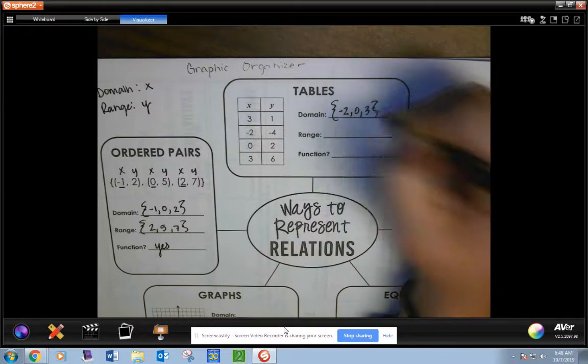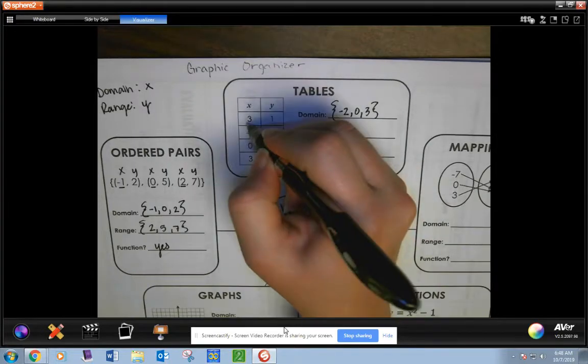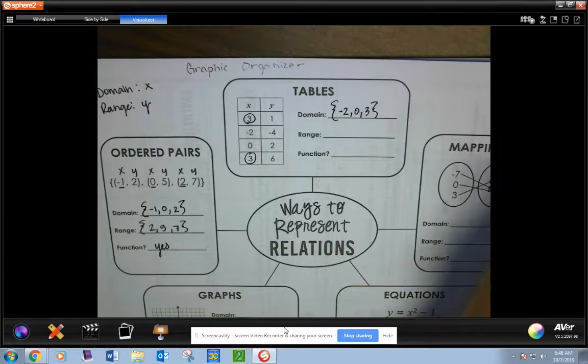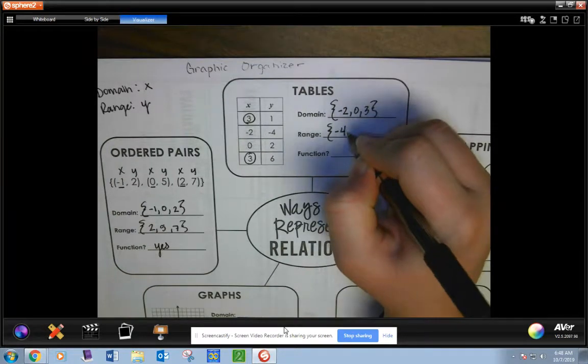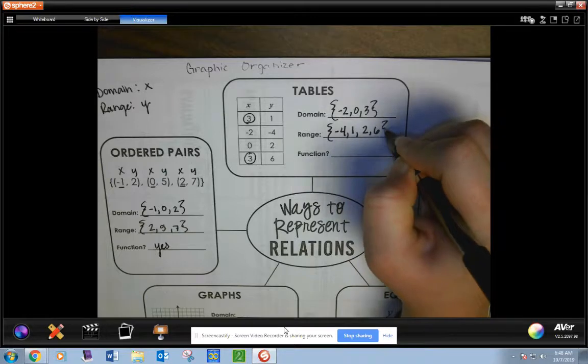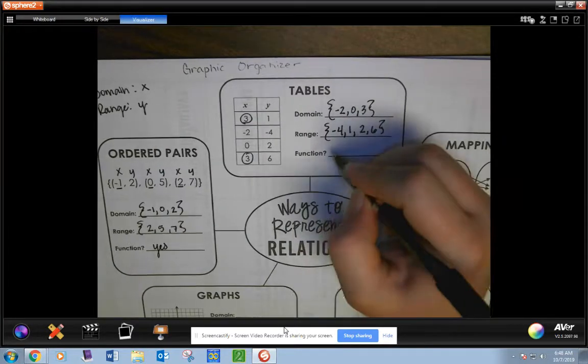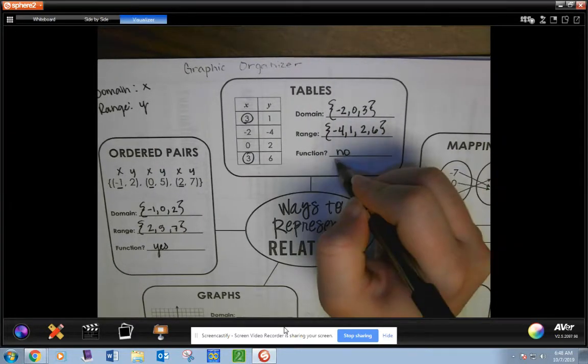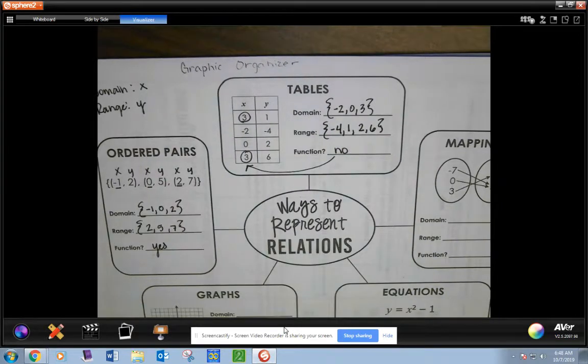But I'm only going to put 3 one time because I have 3 twice. Now for my range, my smallest is -4, and then it goes 1, 2, and 6. And then is this one a function? No, and it's because of that 3 right there.